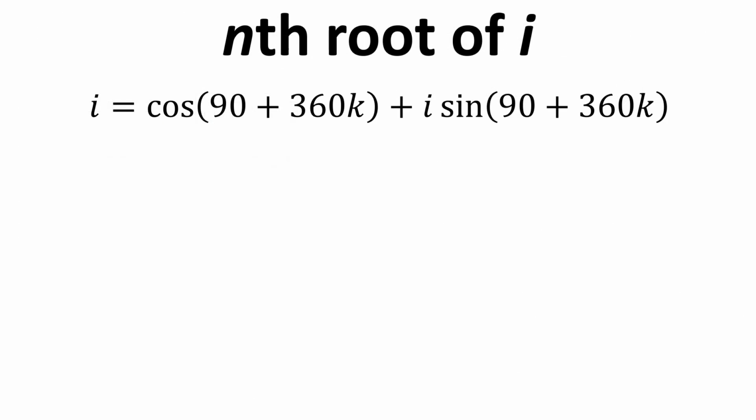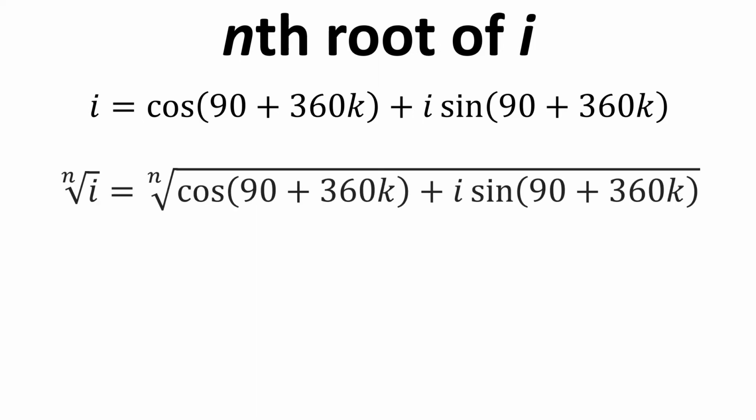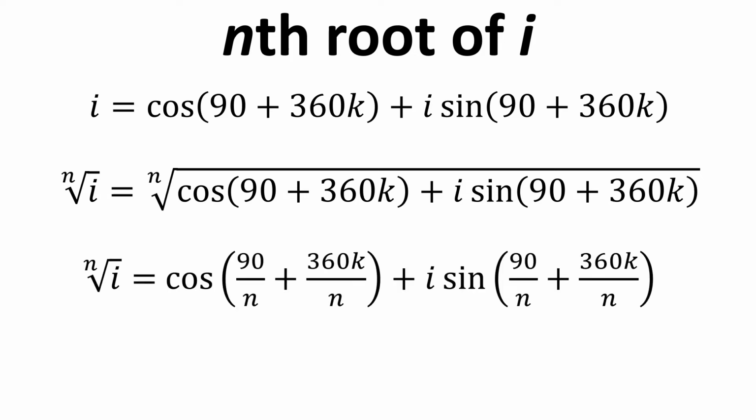Okay, so now that we have this equation for i equaling cos(90 + 360k) + i sin(90 + 360k), we can take the nth root of both sides, and this will get us on track to finding the solution to the nth root of i. It turns out that you can simplify this to cos(90/n + 360k/n) + i sin(90/n + 360k/n).